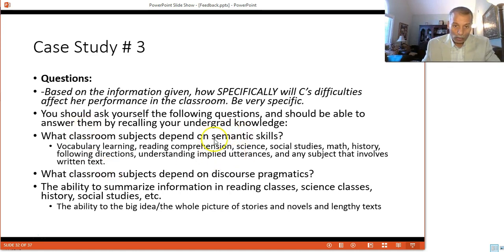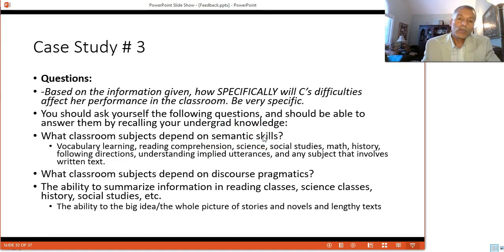So if the scores in semantic testing are decreased, we can say her performance in reading comprehension and this and that are caused by difficulty with semantic skills.